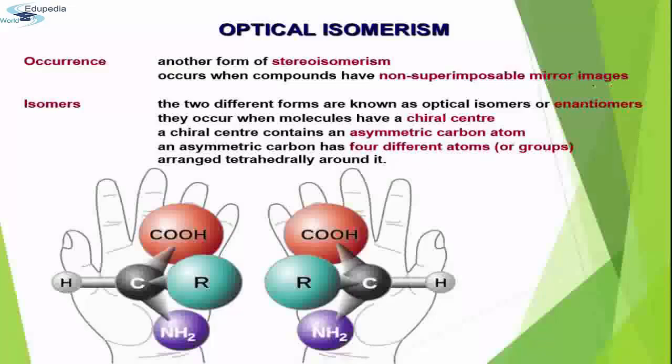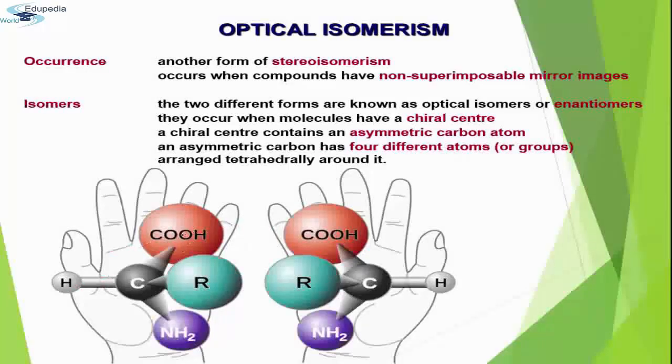Mirror images is quite clear: you just place a mirror, and the object and its image are mirror images of each other. The best example is our hand. The left hand is the mirror image of the right hand and the right hand is the mirror image of the left hand. Similar to the hand, we have taken this organic compound.